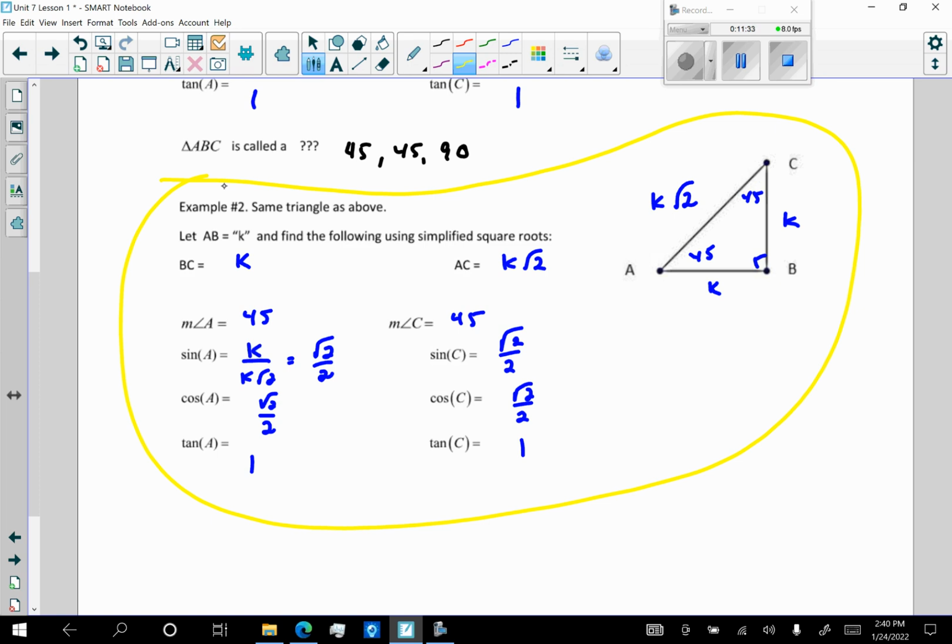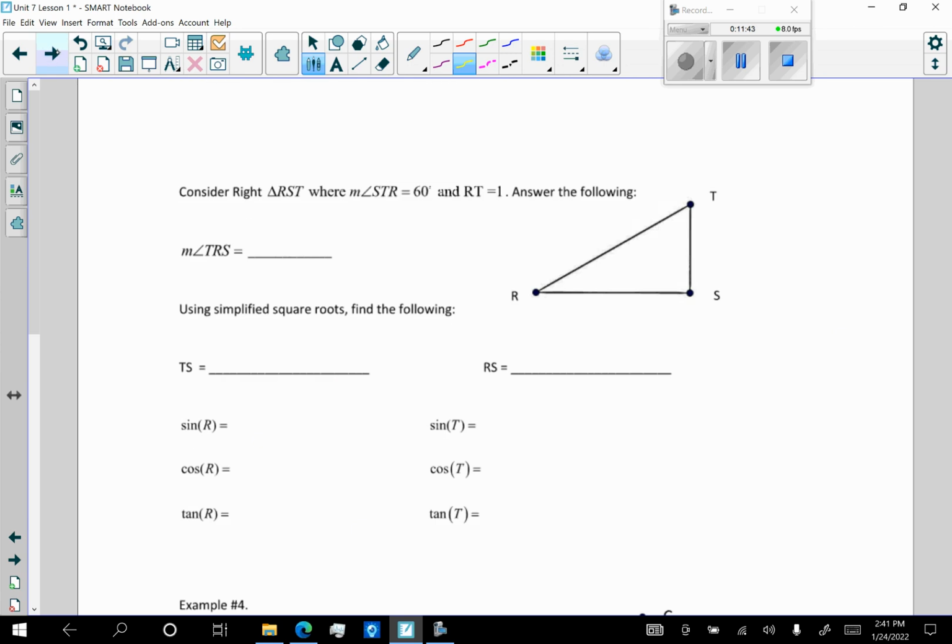There sure is a lot going on here. And so let's see here. We have, consider the right triangle RST. This is certainly 90 degrees here. Let's label that in something other than yellow. That's 90 degrees.